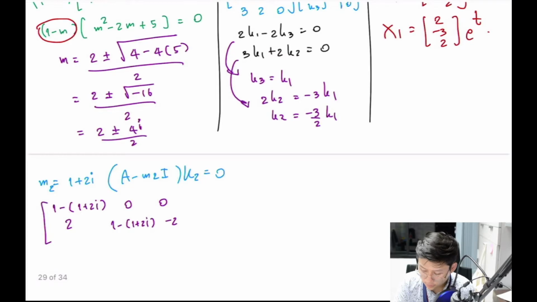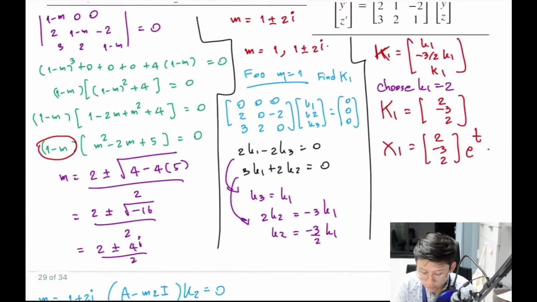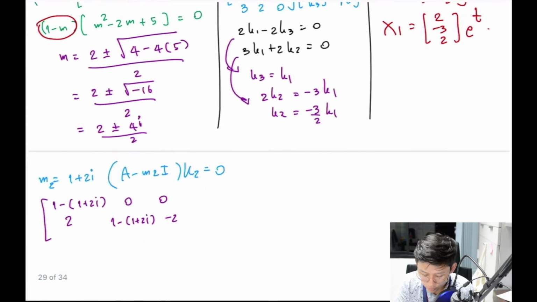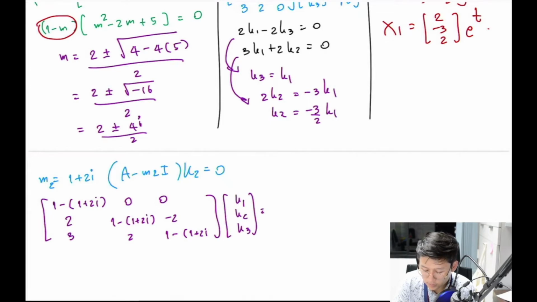After that we get 3, 2, and 1 minus (1 plus 2i), and then k1, k2, k3 equals 0, 0, and 0.